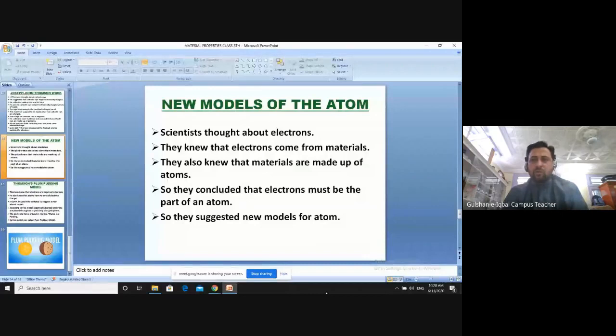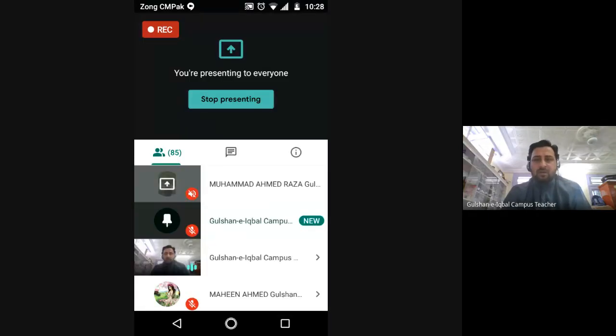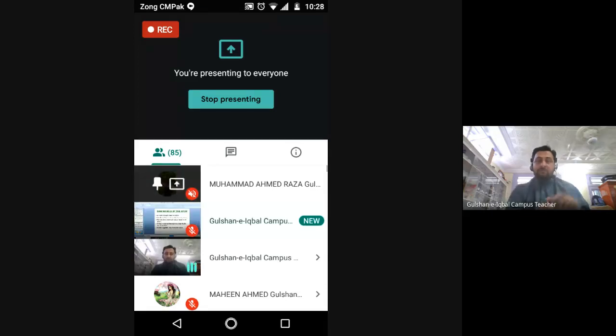Atoms are the smallest particles of matter. So they concluded that electrons must be part of an atom, because they are coming from materials, and we know that all material is made up of atoms. So it means that electrons are the essential part.